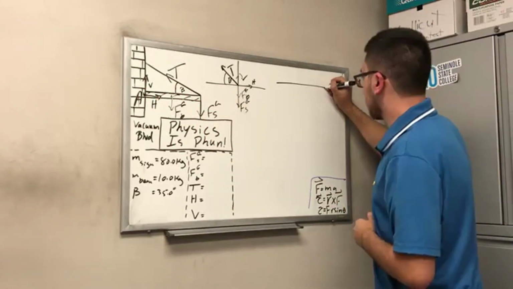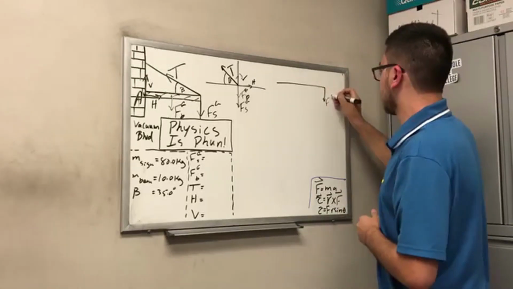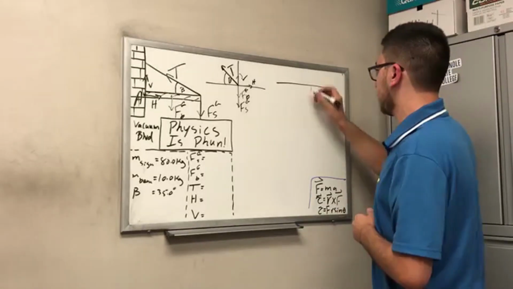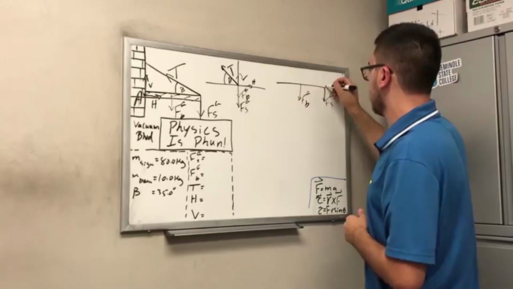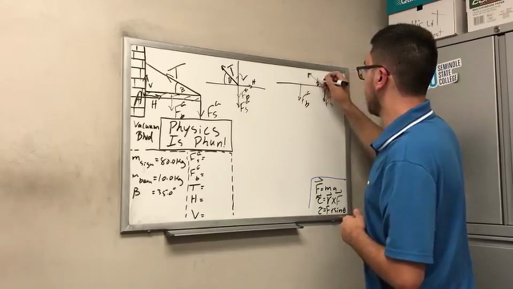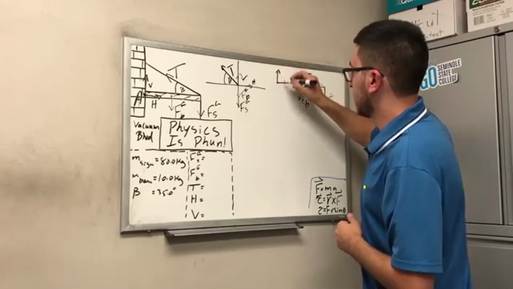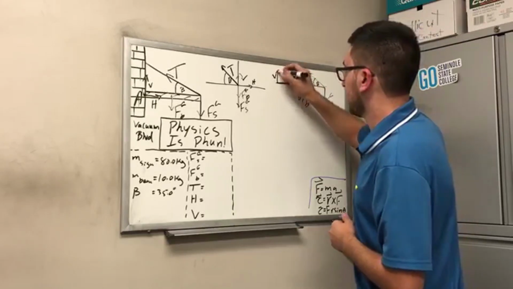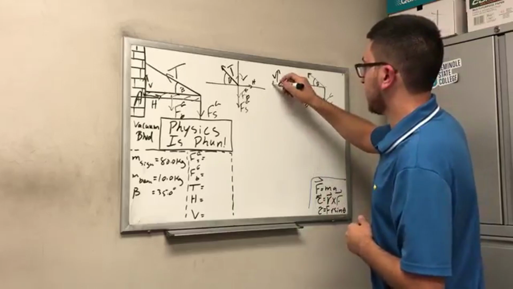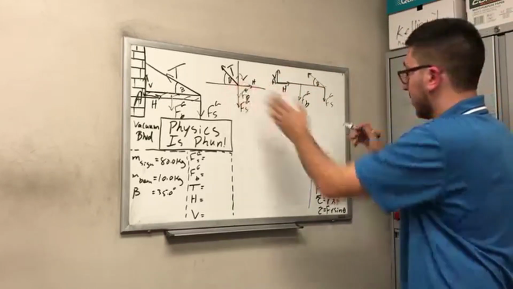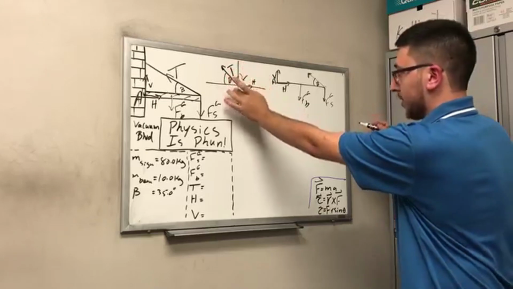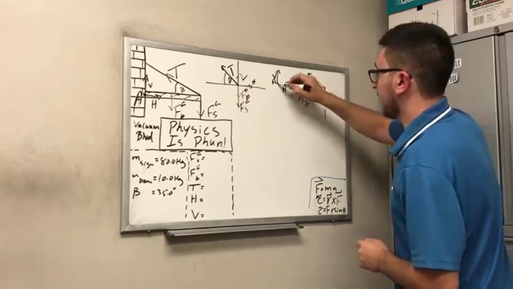So I have in this corner the force of gravity for the sign, force of gravity for the beam, the cable at angle beta, the horizontal and vertical components, that's A. And what I can add to it as well that I couldn't do on the point free body diagram is I can add the length of the beam.